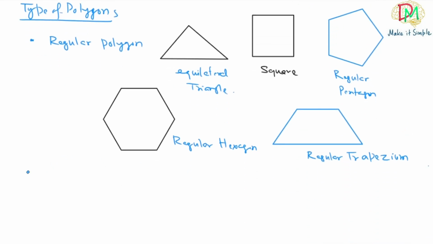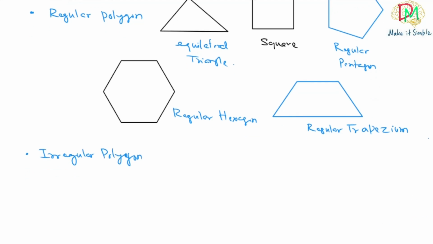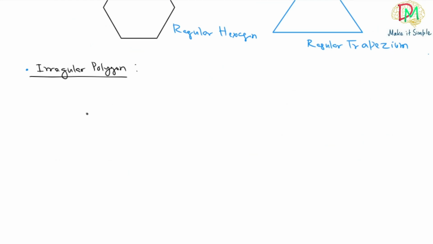Next we learn the irregular polygon. If one or more sides of the polygon are not equal, then we can say it is an irregular polygon. Let's take one example. This is a scalene triangle.